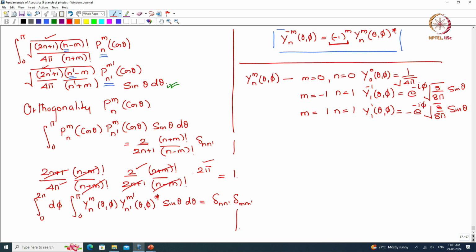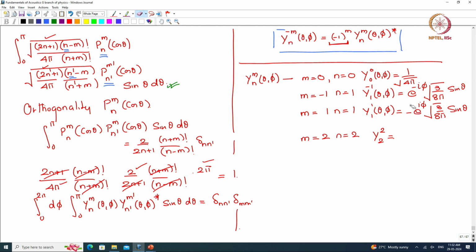Similarly, if I have m equal to 2 and n equal to 2, so this is not minus i phi, my mistake.